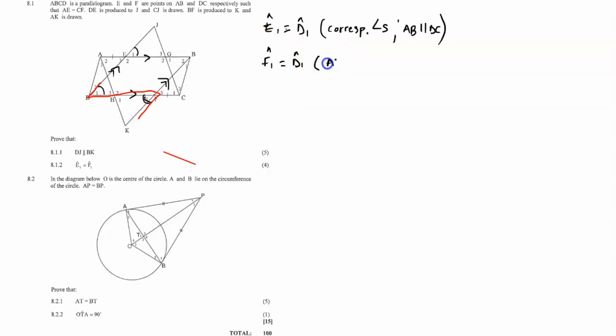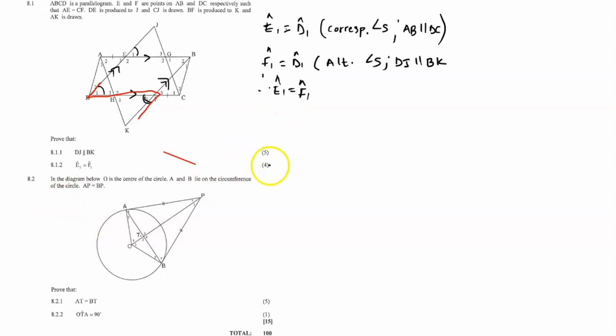The reason is alternate angles. Which parallel lines make these alternate angles equal? It's DJ parallel to BK, which is what we proved in 8.1.1. Therefore angle E1 is equal to angle F1, which is what we were required to prove.